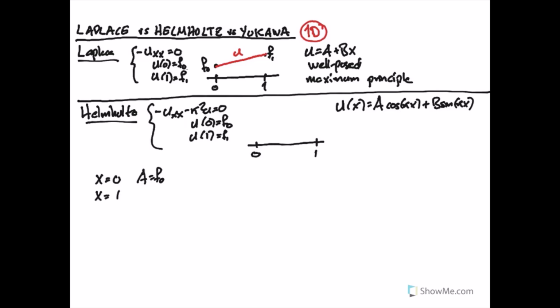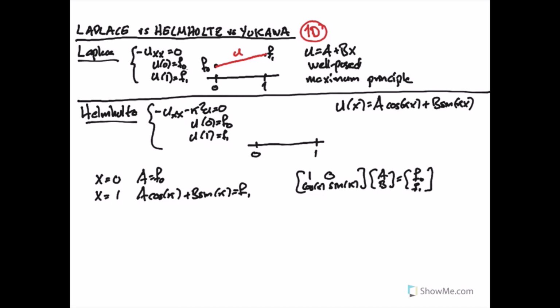If you plug in x equal to 1, you get A cosine kappa plus B sine kappa is equal to f1. So we can write this as a 2 by 2 linear system: cosine kappa, sine kappa, times A, B, is f0, f1, like so.